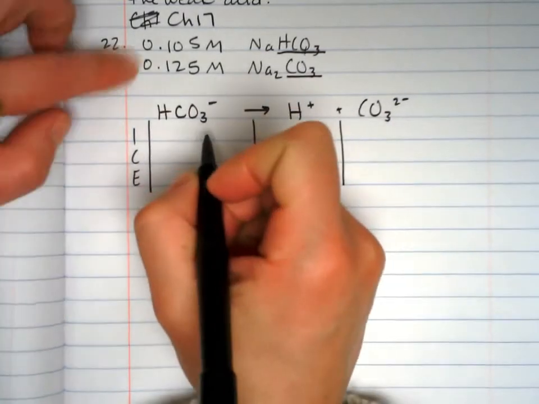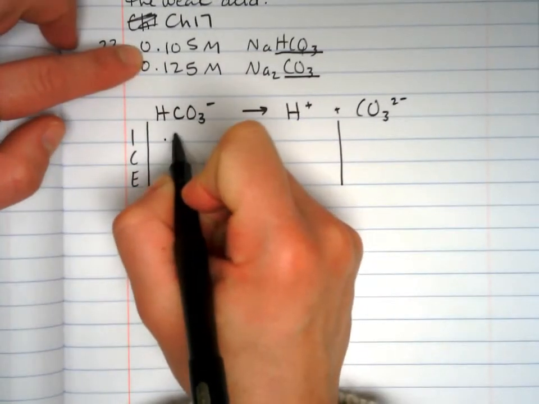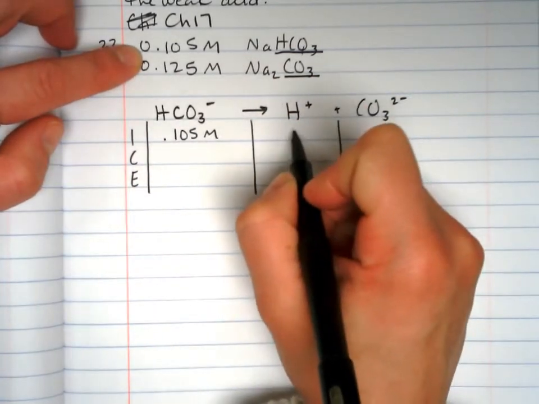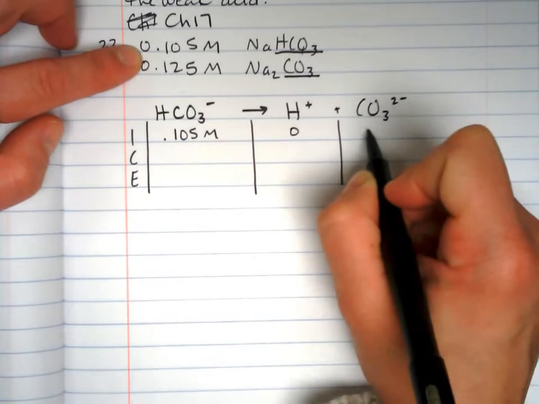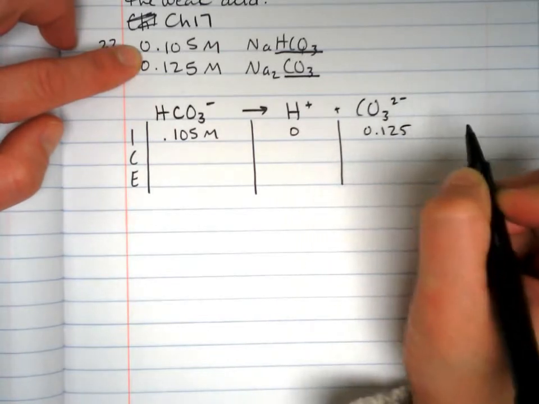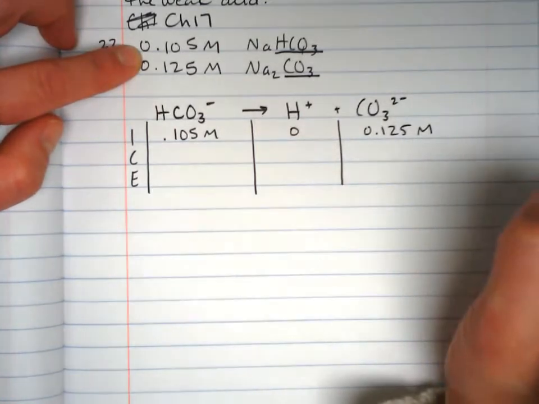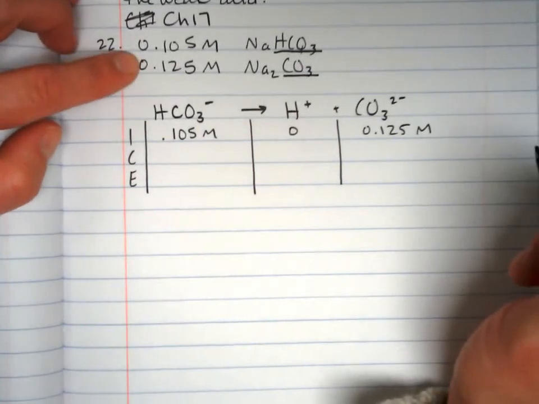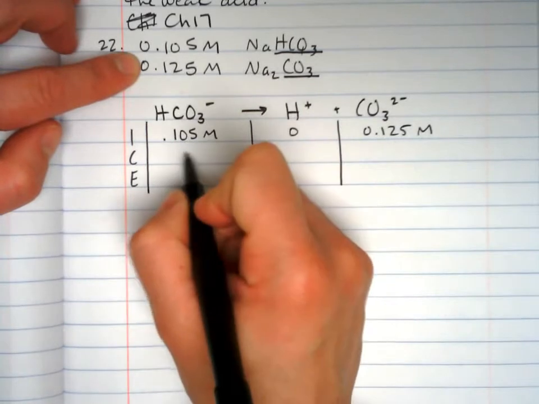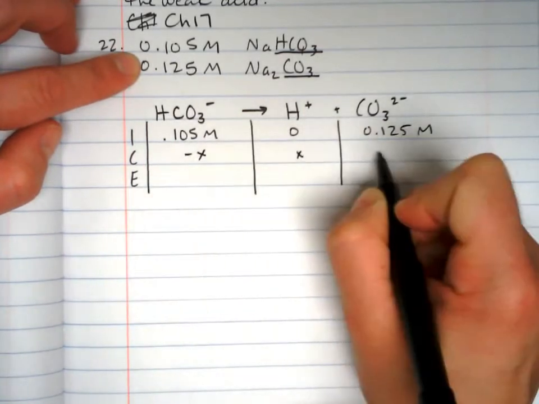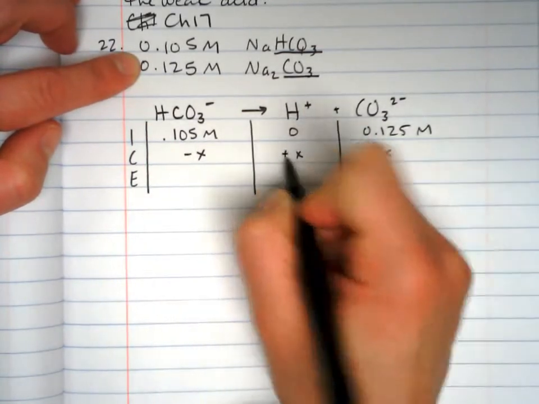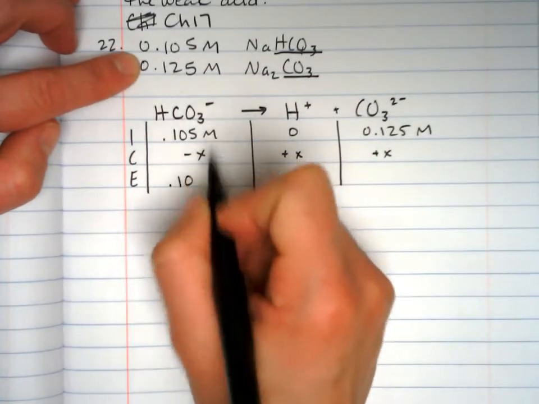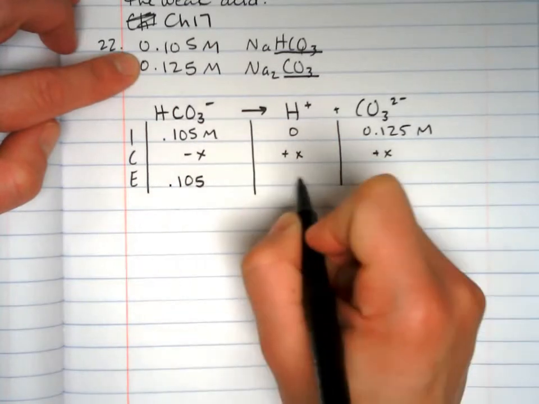Initially I'm going to have 0.105 moles per liter of HCO3 minus, 0 H plus, and 0.125 moles per liter of CO3 2 minus. That comes from right here. I know there's going to be some change. And again, this is a weak acid, so I can just ignore the x there.